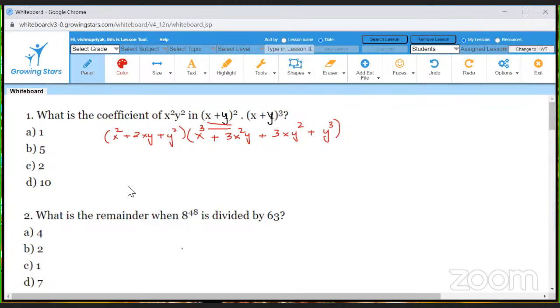Now you have to see the coefficient of x square, y square. Where will you get the x square, y square term? If you multiply, you can see where you will get it. You have to multiply further.